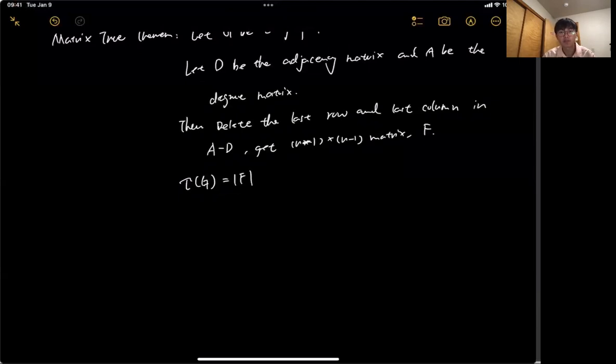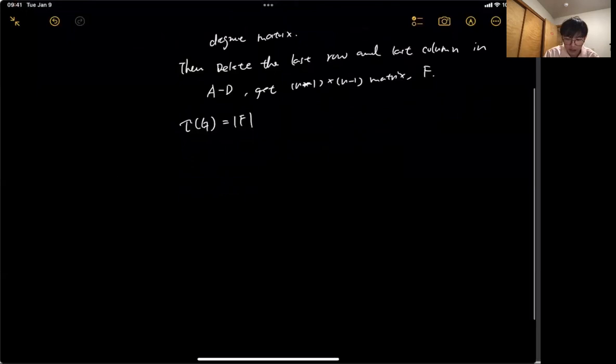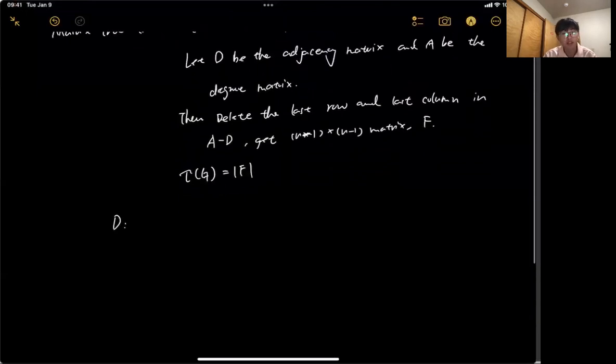Now I will explain some terms. First is D. D is the adjacency matrix.